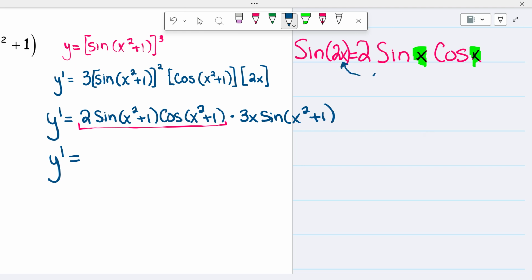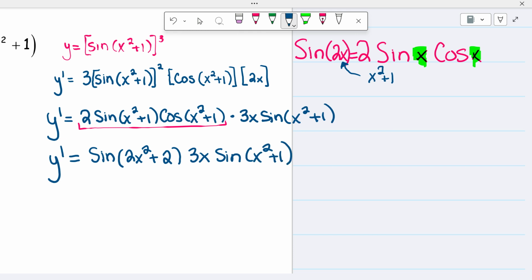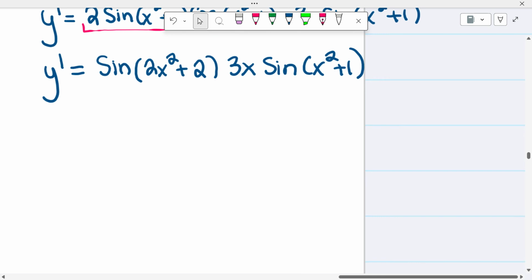In for that x becomes an x squared plus 1. So as Kaya says, when you write it down, you're going to get a sine. So we have to times that by 2. So sine 2x squared plus 2. And then we have a 3x sine x squared plus 1. I can't leave it like that, but this would be okay.